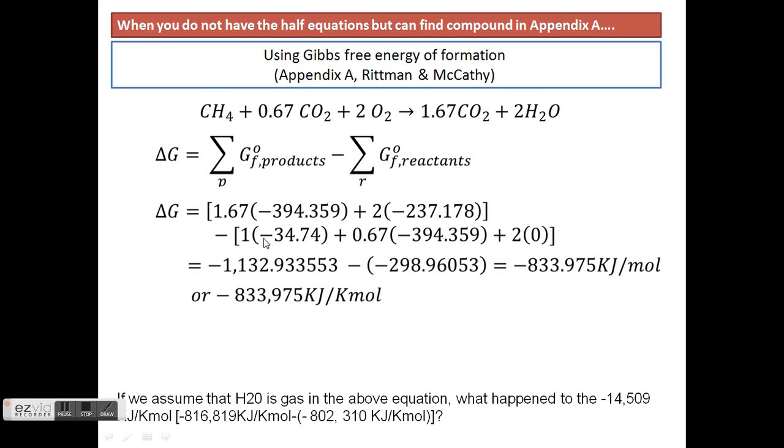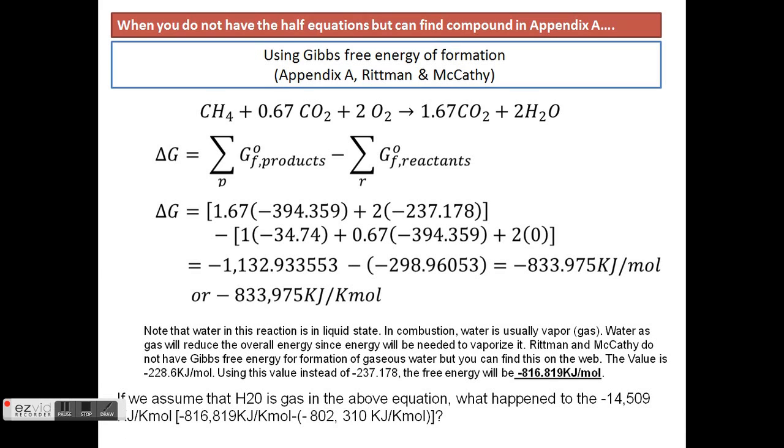I didn't show the table here, but when you look at that appendix, you'll find these values, and you'll notice that water in this case is liquid. Some of it will be vaporized, definitely, but we're assuming it's liquid.